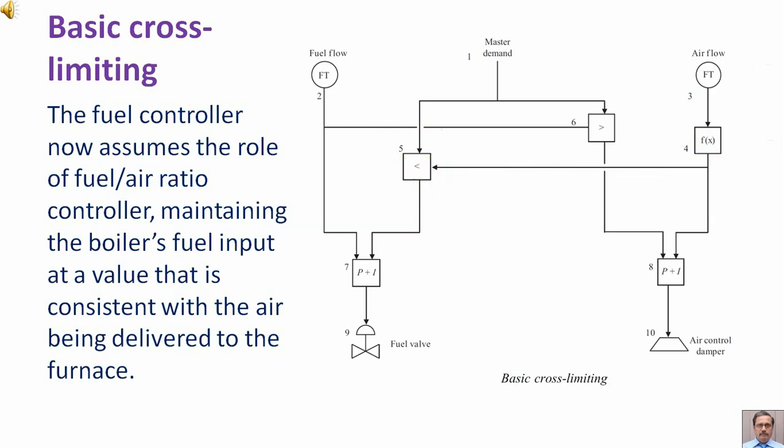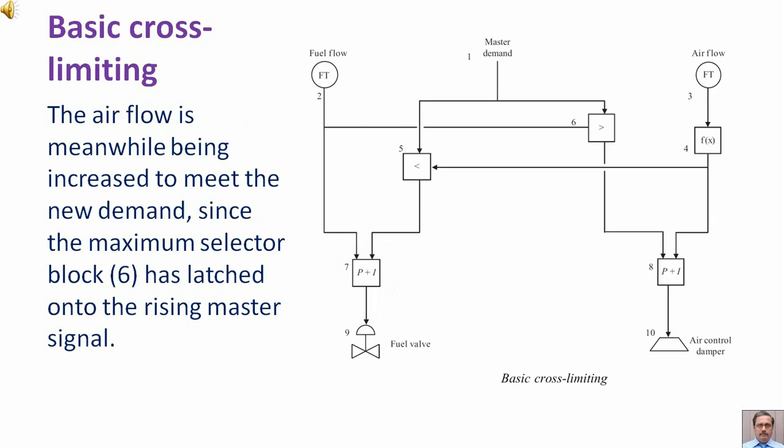The fuel controller now assumes the role of fuel/air ratio controller, maintaining the boiler's fuel input at a value that is consistent with the air being delivered to the furnace. The airflow is meanwhile being increased to meet the new demand, since the maximum selector block number 6 has latched onto the rising master signal.